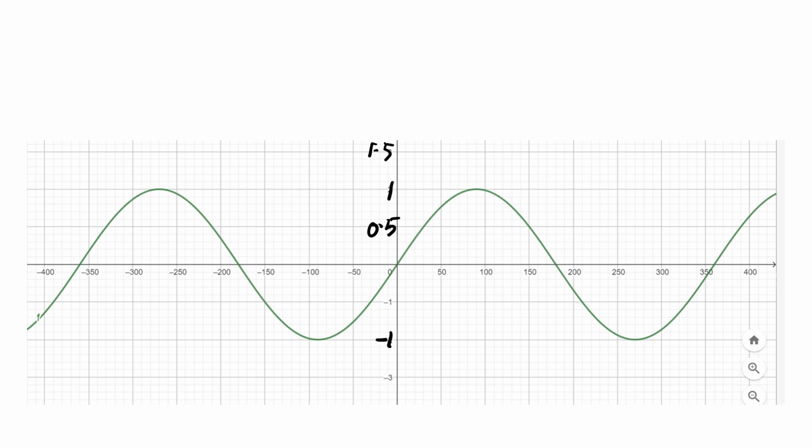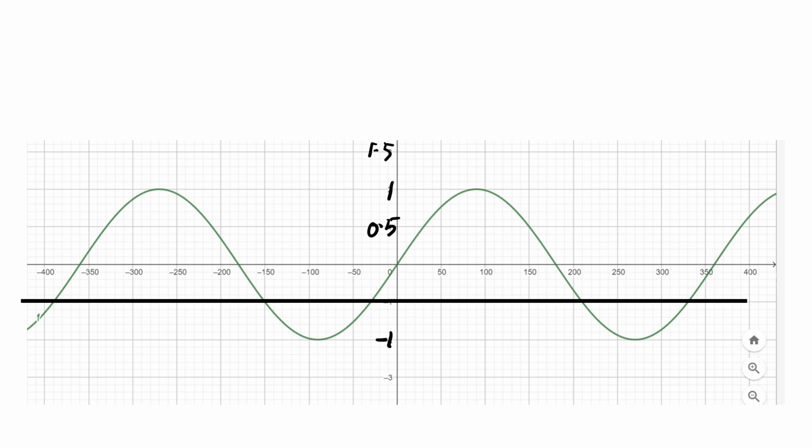All right, so let's look at what happens if I want to solve for sine x equals negative 0.5. Which quadrants do you think the values of x can come from? If you look at the diagram here, the first intersection point is this point here, so that would be your third quadrant.